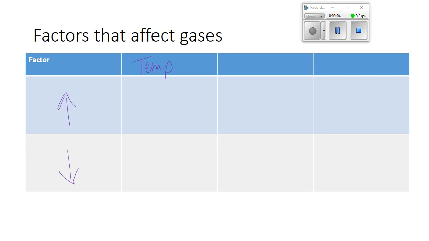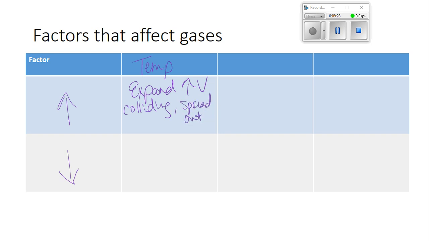The particles would actually expand. And as they expand, that means I'm going to increase the volume. My balloon is going to actually get larger, because those molecules are colliding and spreading out and moving faster.